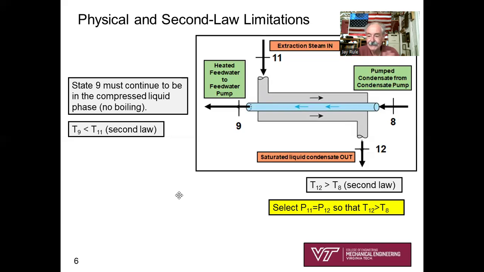That's what guides the engineer in selecting the extraction steam pressure needed for the feedwater heating. Okay, so that's an important point to make. Select your extraction steam pressure so that the saturation temperature, T12, has got to be greater than T8 to get your money's worth.